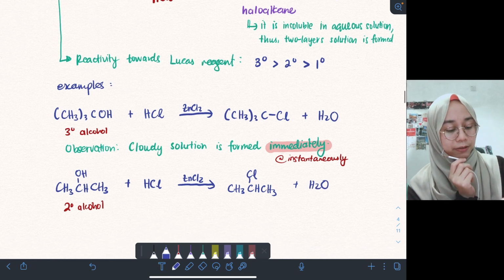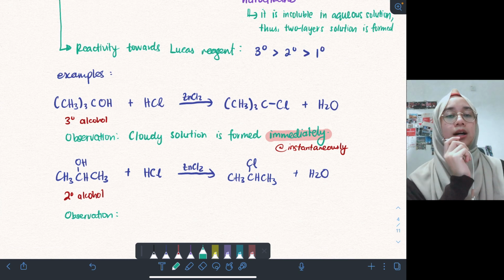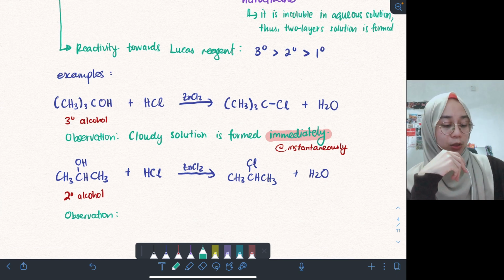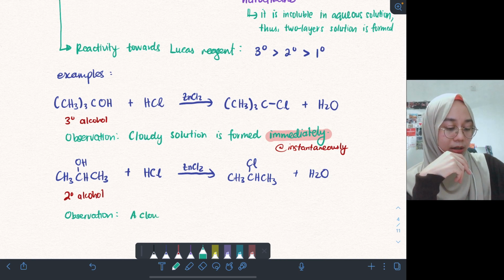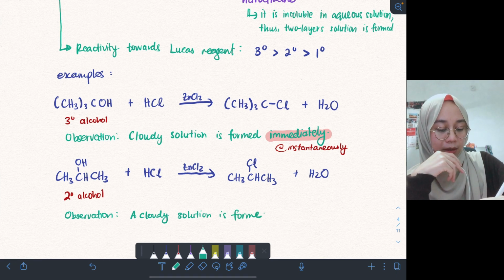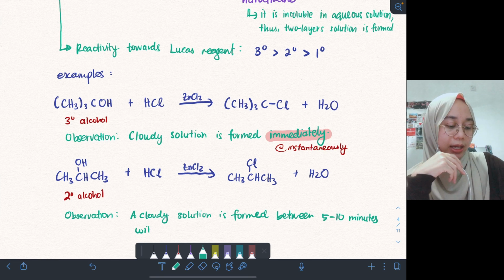Okay, so the observation for this one adalah, in this case pula kelas, dia takkan immediately, dia ambil masa sikit. So a cloudy solution is formed between 5 to 10 minutes with heating.